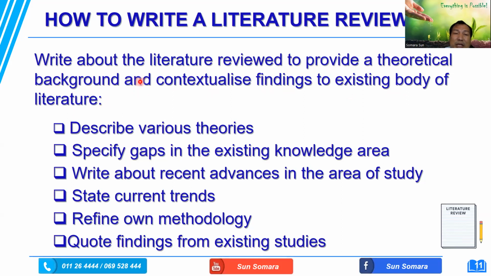So this part is important to review what has been studied, what really happens in the particular context, and what is important for the study. It will be used for the discussion in chapter 6. You need to compare your findings with the existing literature review and theories in here.